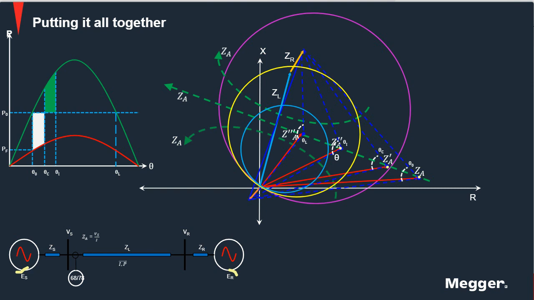For all other conditions, we have these arcs. And the importance of this is that it lets us know how the impedance is going to move through the impedance plane when we have a power swing or a power oscillation in the system.